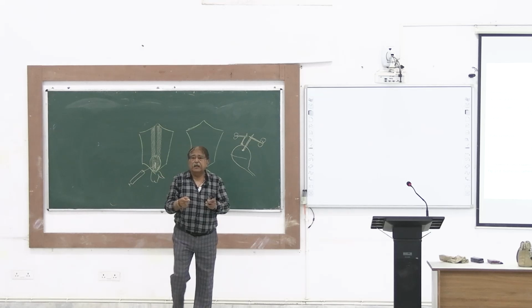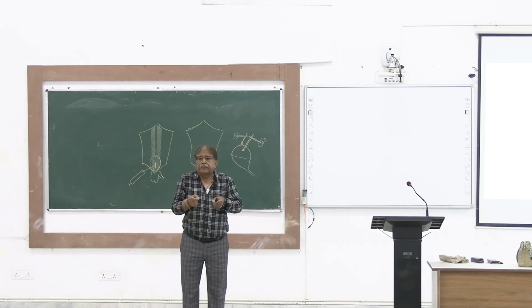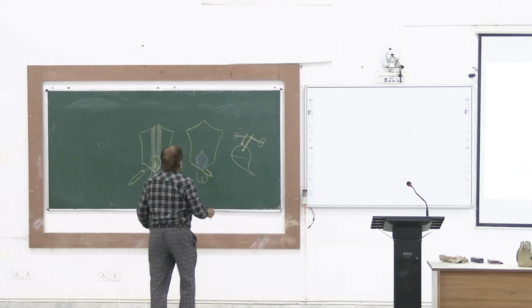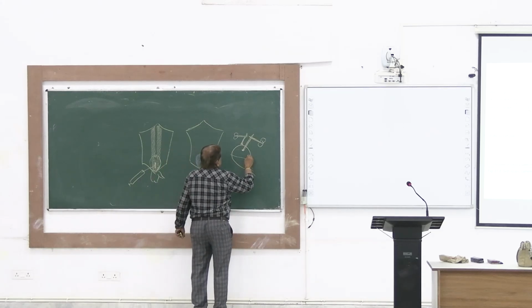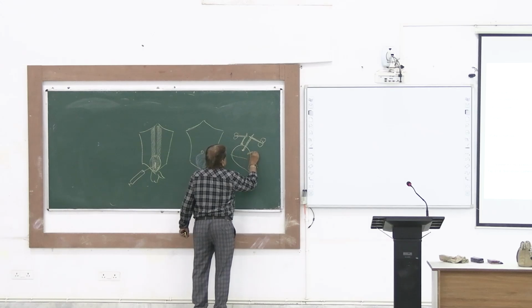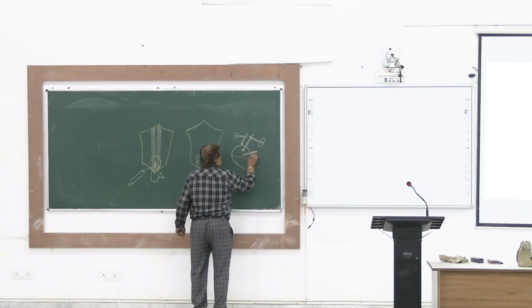You ask your assistant to lift up at the same level, and you make a small incision here, and urine comes out. You put in the Foley catheter.